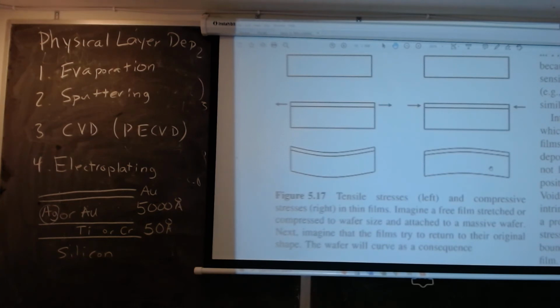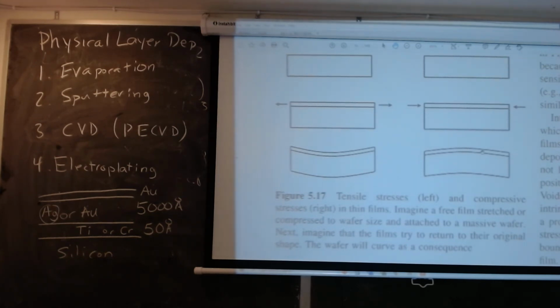If the coefficient of thermal expansion of the thin film is higher than the substrate, upon cooling down, it will pull in on itself, and it will be tensile. Whereas if the coefficient of thermal expansion of the thin film is lower than the substrate, then it'll compressively stress like that.